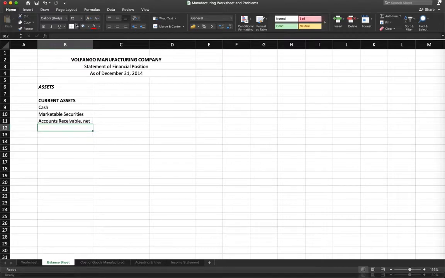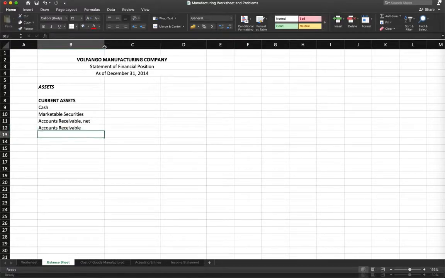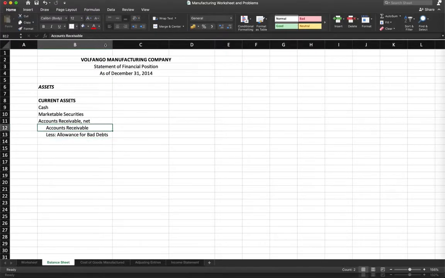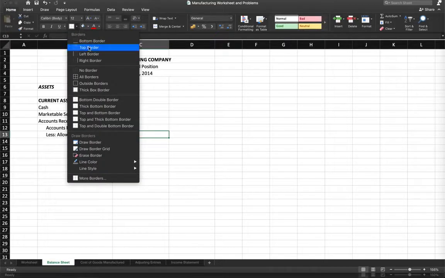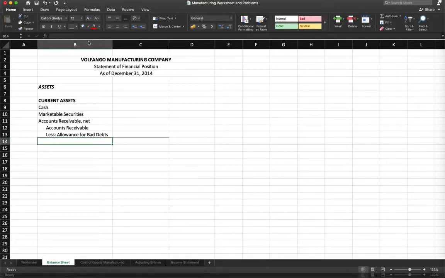Ang accounts receivable net natin ay accounts receivable less allowance for bad debts. Then, lagyan natin yung bottom border. Ano pa?